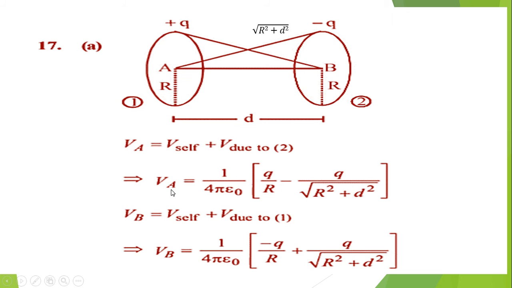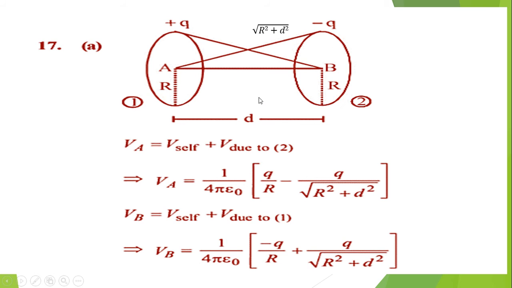So V_A is equal to the potential of ring A itself, 1 by 4 pi epsilon naught Q by capital R. The potential of ring B at the center of ring A: this distance is D and this distance is capital R, so by the Pythagoras theorem this distance is under root R square plus D square.